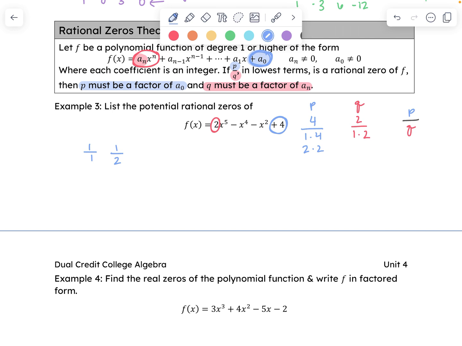So that's using this one right here. Okay, then for the next one, we're going to move on to 2. That's right here. So now I would have 2 over 1 and 2 over 2.